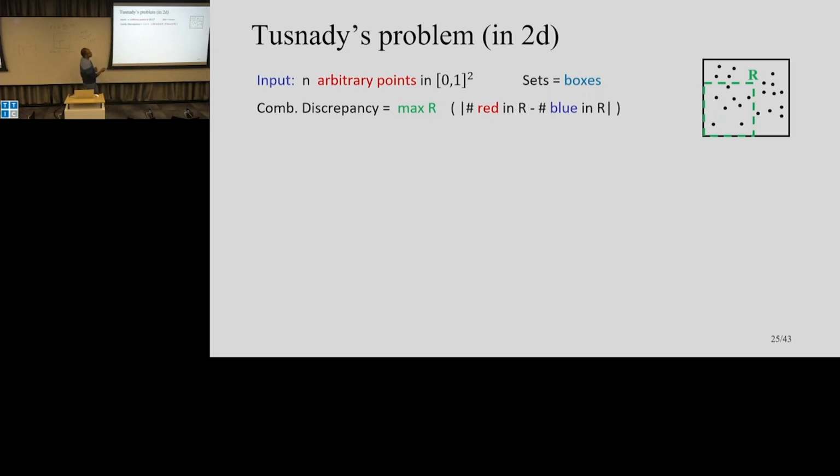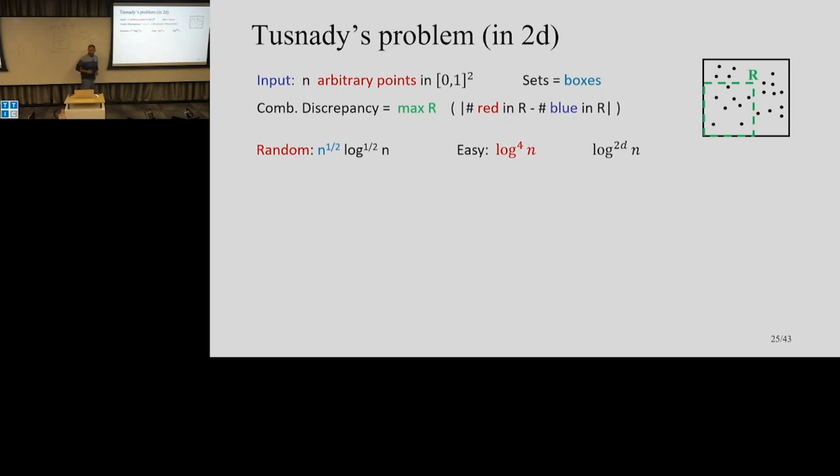Then you want to minimize the imbalance over all such rectangles. Is the definition clear? I've just been given a bunch of points, and I want to color them to make sure none of these rectangles is very unhappy with the imbalance. Random coloring would be very bad, but I'll show you there is an easy way to get log to the 4, super easy.